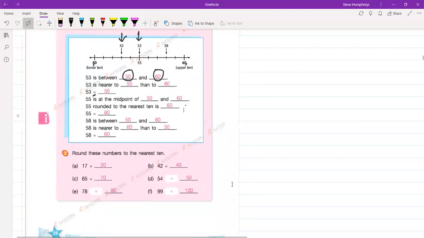And number 2, round these numbers to the nearest 10. Okay, so A, B, and C, you need to round the numbers to the nearest 10. With D, you need to write the symbol. Let's give you some practice writing the rounding symbol.